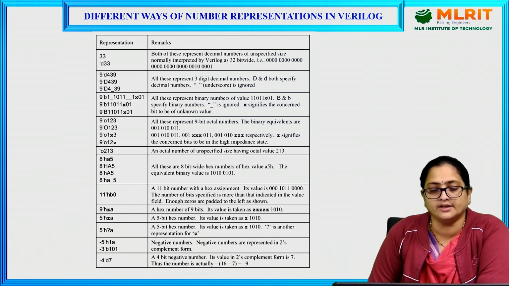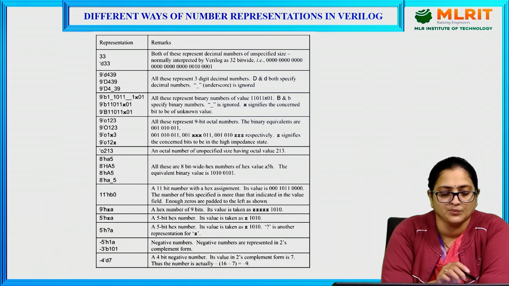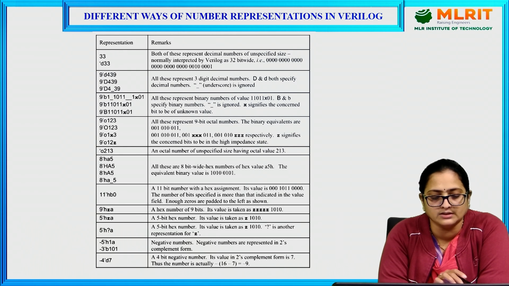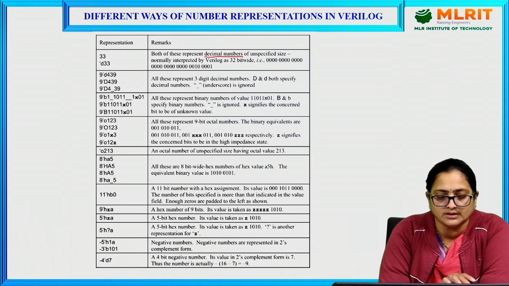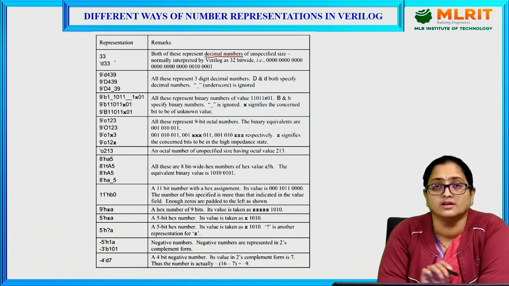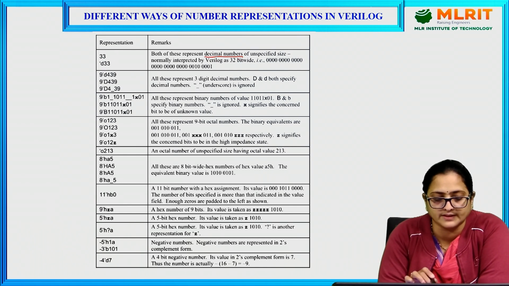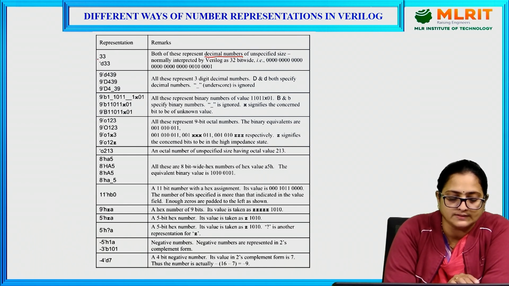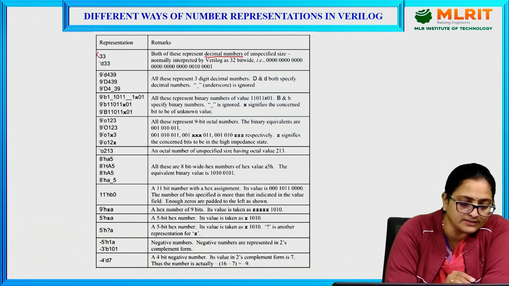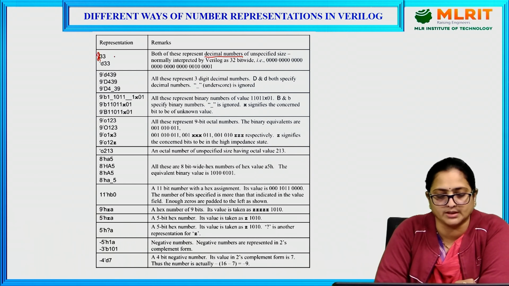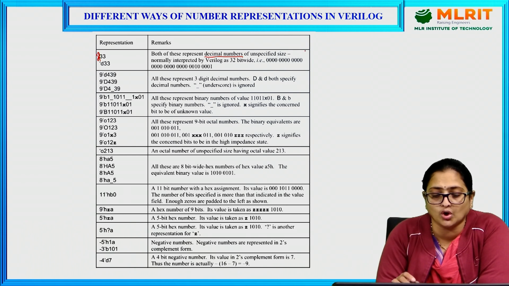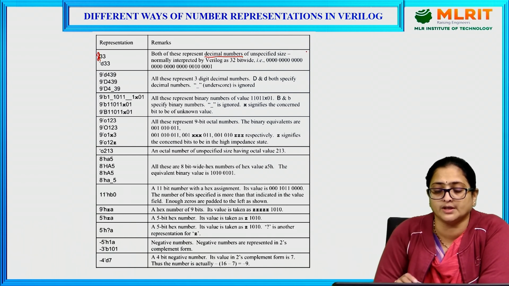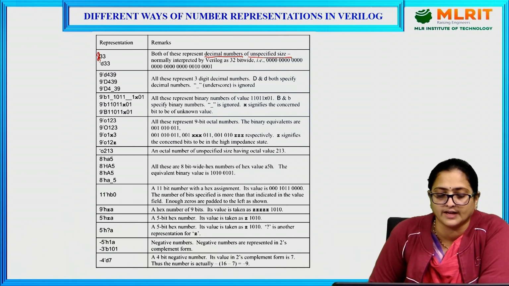Next, there are different ways of number representation in Verilog. Here I have taken a few examples. These two represent the same decimal number. Here I didn't mention the base of the number, but here I mentioned the base of the number. Both are representing a decimal number of unspecified size.